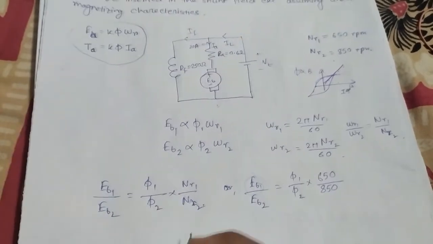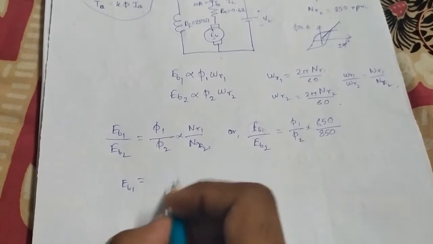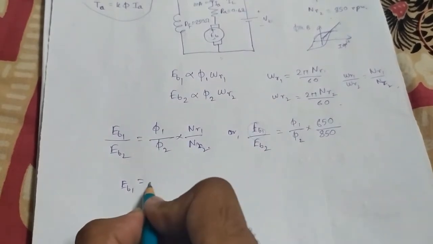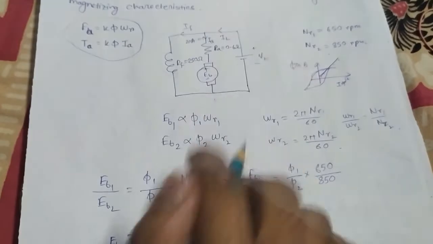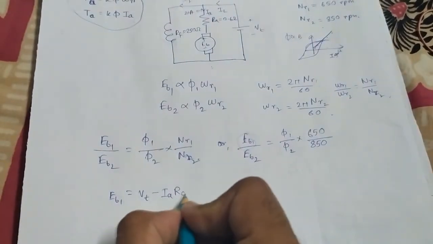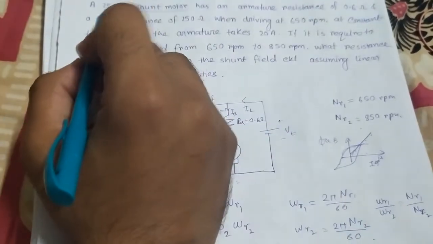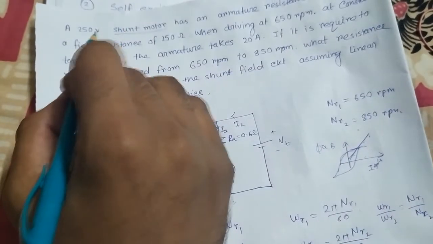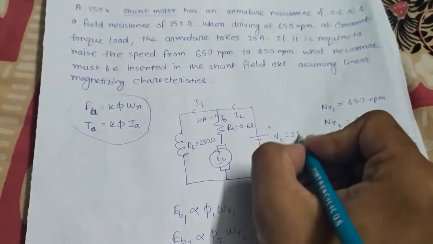How can we calculate EB1? EB1 equals, as it is a motor, so the minus case will be there, Vt minus Ia Ra only, right? So Vt is given, a 250 volt shunt motor, so Vt is actually 250 volt.